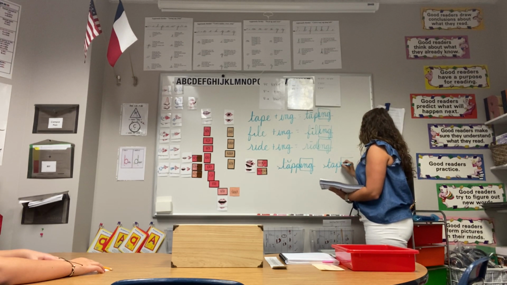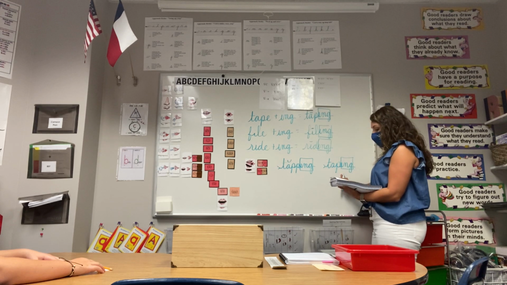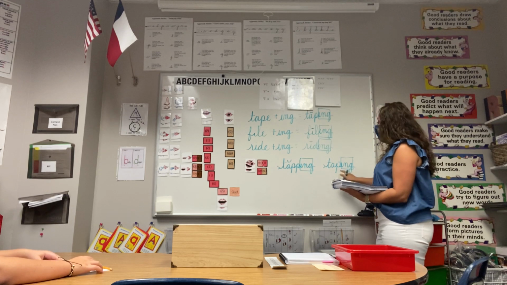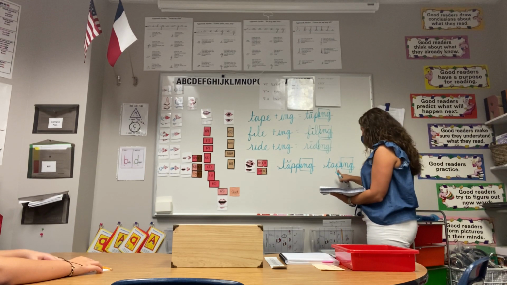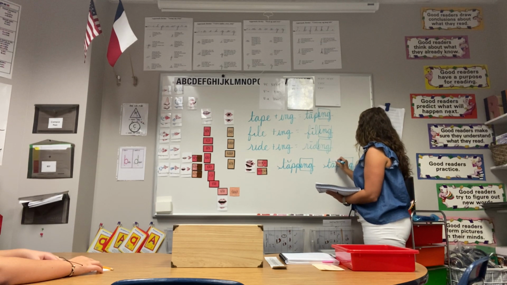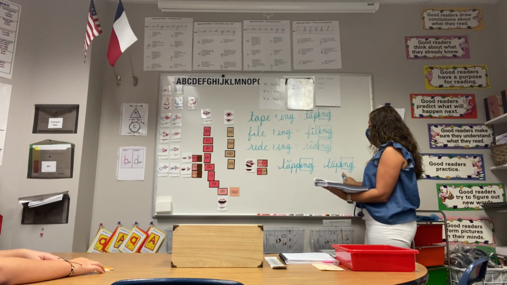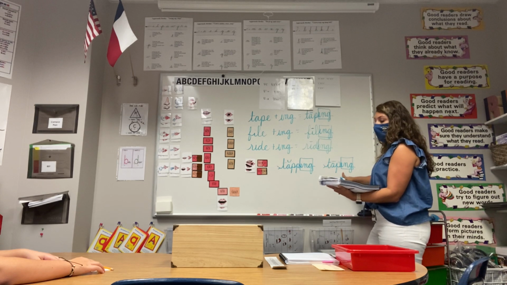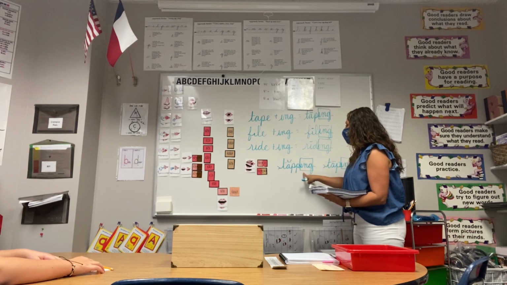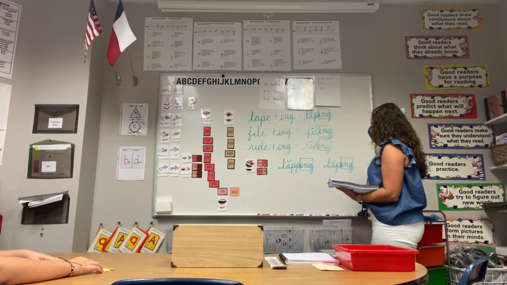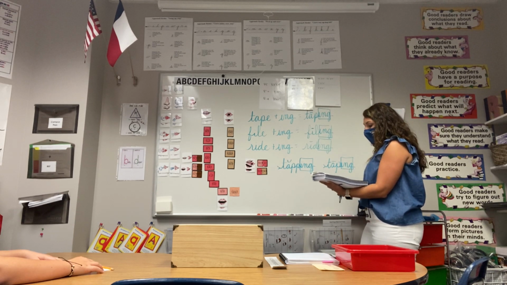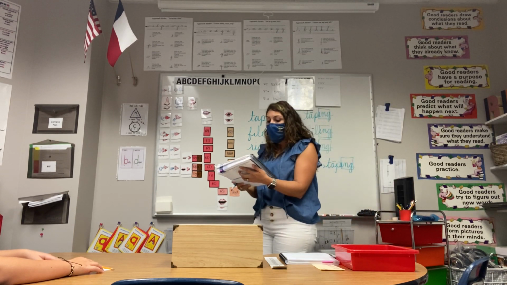We box our vowel suffix, and then we ask ourselves, how many consonants do we see before our vowel suffix? One. So we must have dropped the silent E, so we'll code our vowel with a macron. This is called our dropping rule. Let's read these words. Tapping, tapping, and taping, taping.